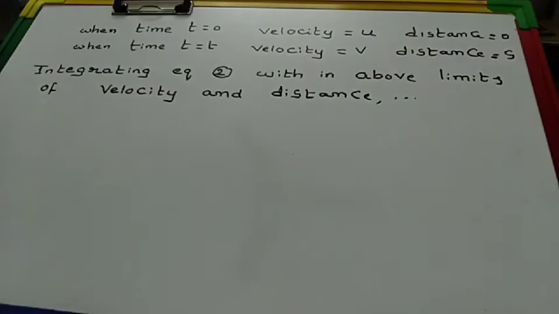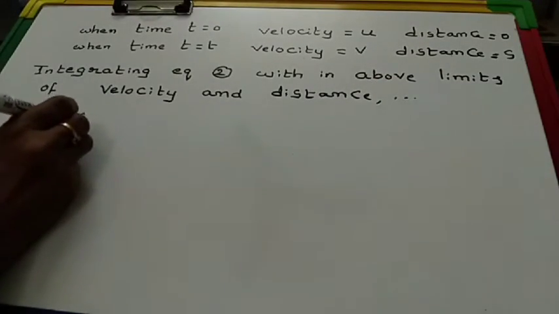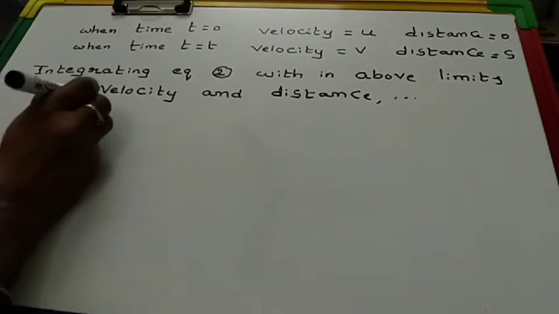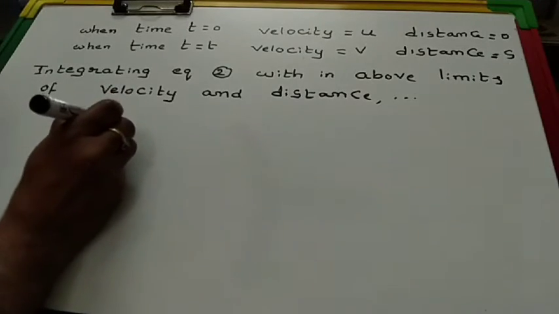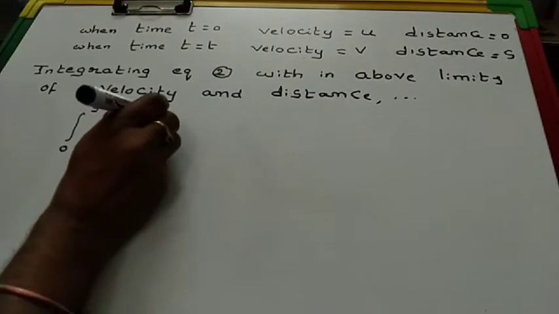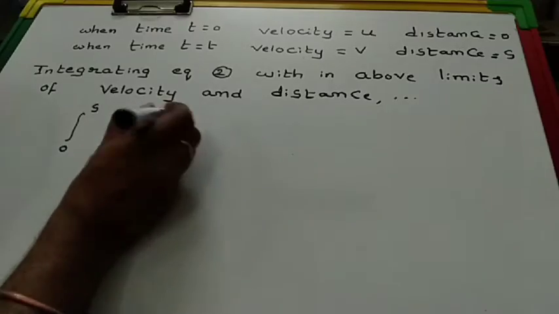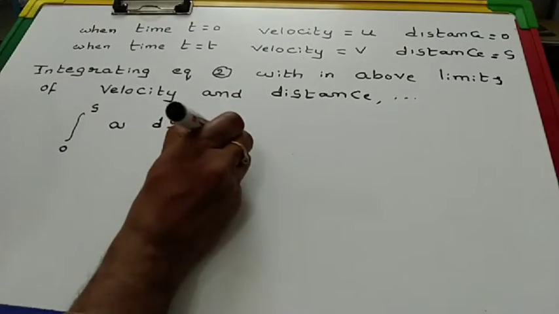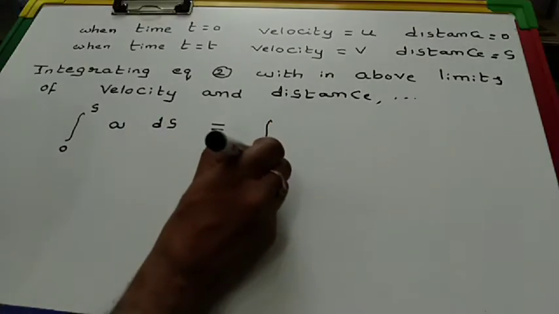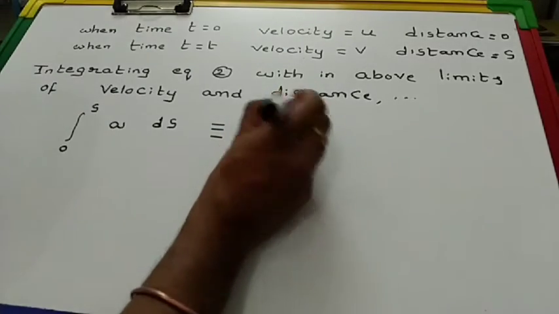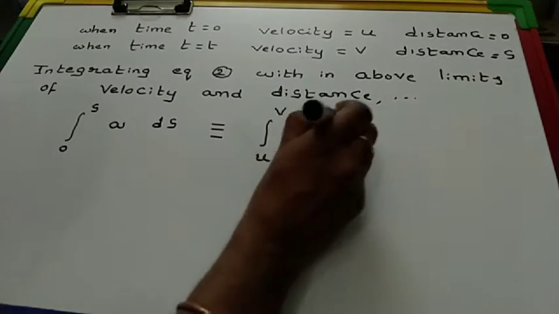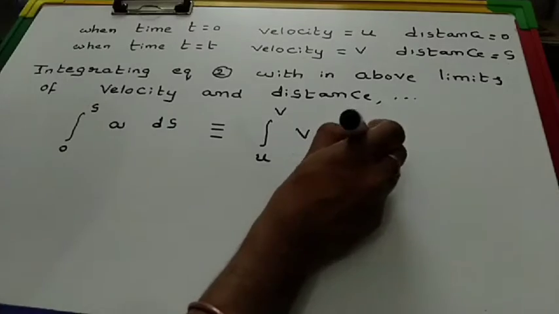Therefore, integral 0 to s of a into ds is equal to integral u to v of v into dv.